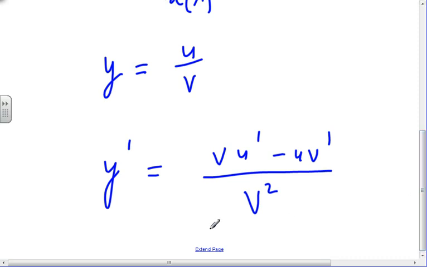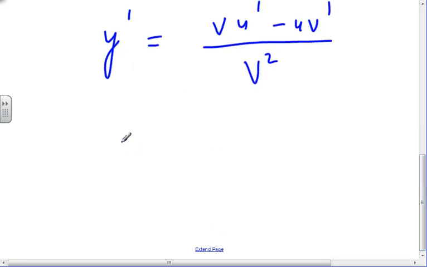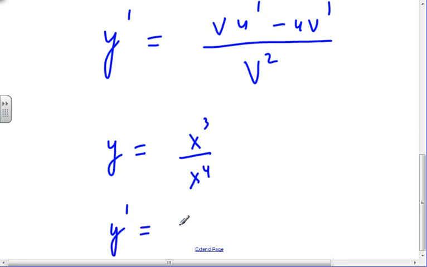Now, so I have y is equal to x cubed divided by x to the fourth. And I want to find y prime. Would I use that formula? No, I wouldn't. I would simplify this down to x to the minus 1 and call this minus x to the minus 2.